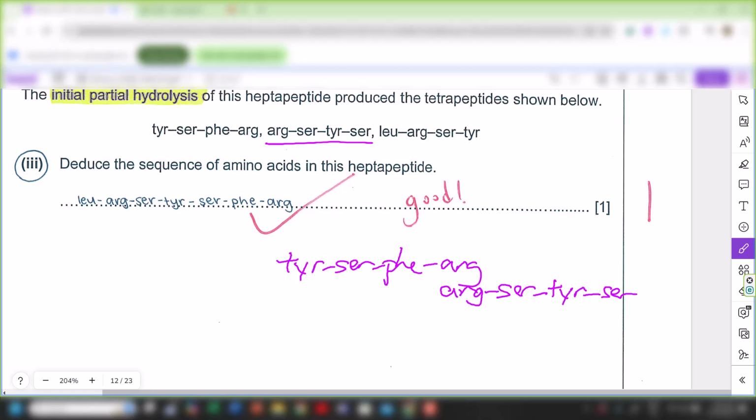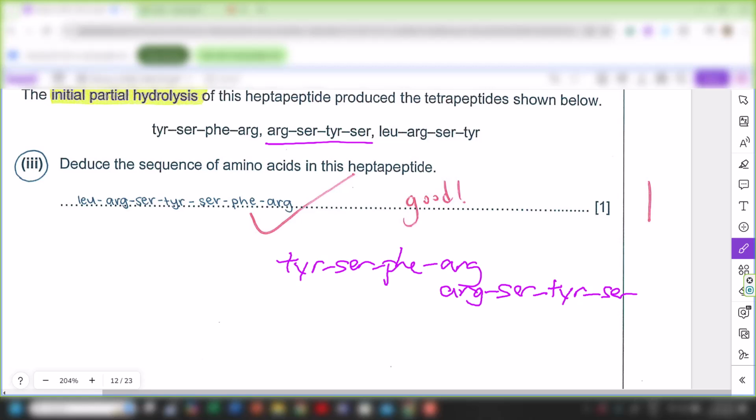You notice that over here, you need to go and find the overlap. Where is the likely overlap that you can find from here?